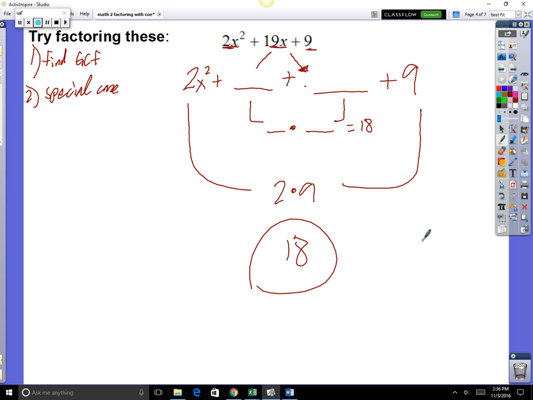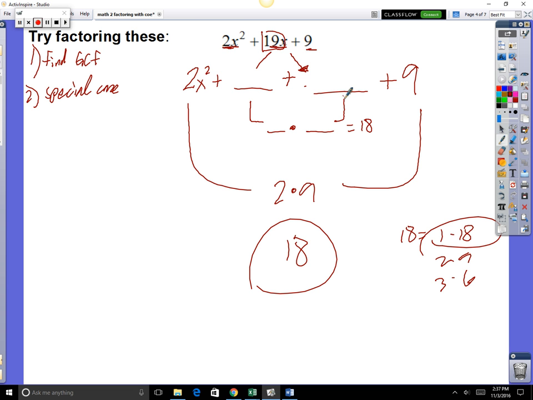So here we go. 18, you pull out your factor sheet. 18 is made of a 1 and an 18, a 2 and a 9, a 3 and a 6, and that's it. So you've got 3 to choose from. You're going to choose the pair that will add and give you 19. So you're going to go with 1 and 18.